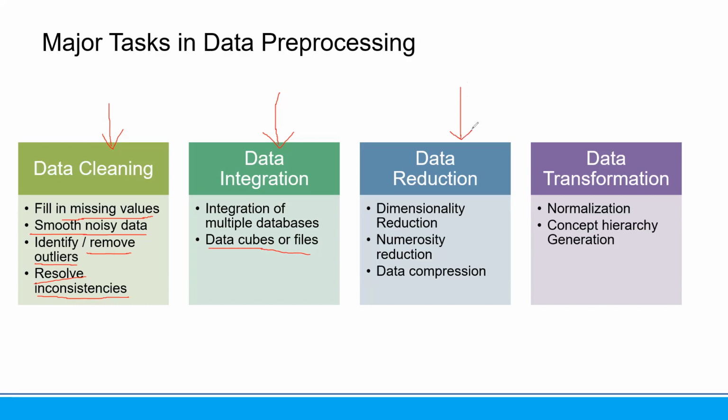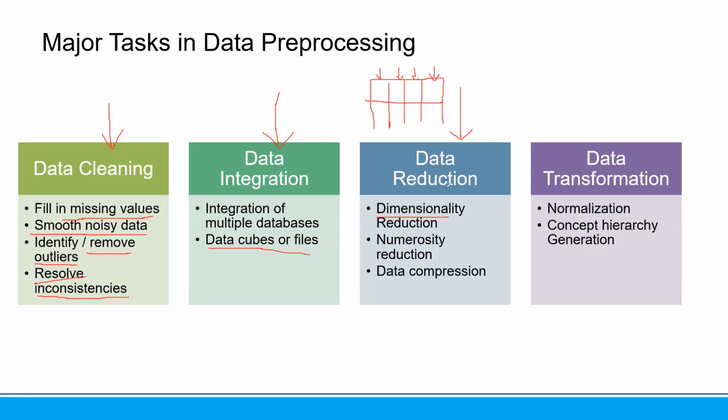Data reduction. Dimension, if you still remember, is related to the table. Dimension means the column, the attribute, the feature, or the variable. If the columns are a lot, it will be so complex to analyze the data.